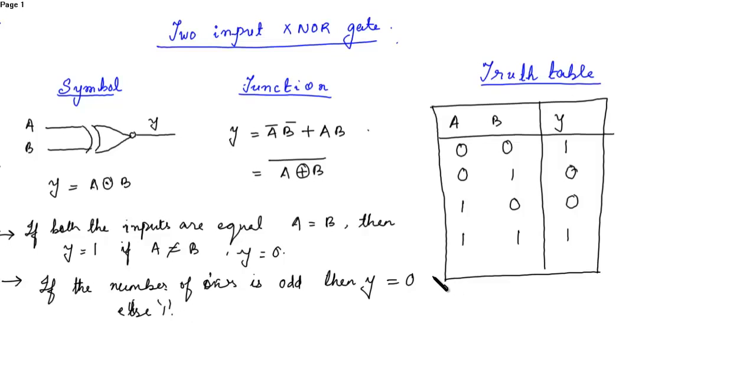Okay, so now let's see the schematic diagram of a 2-input XNOR gate. Y is equal to A bar B bar plus AB.